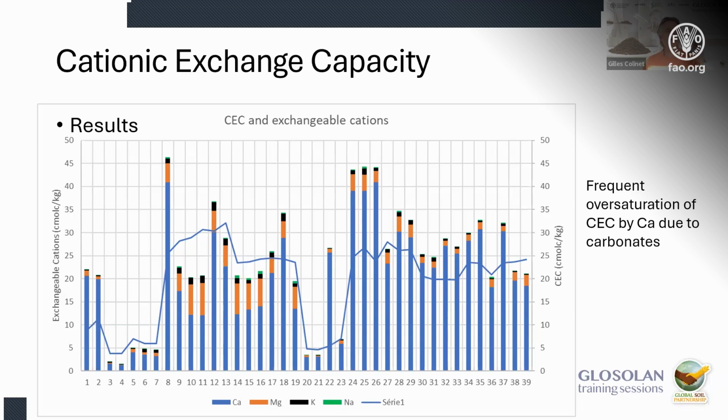But there's an old concept that said that there is an ideal balance of Ca, Mg, and K on the CEC, and you should try to maintain it as close as possible to that.